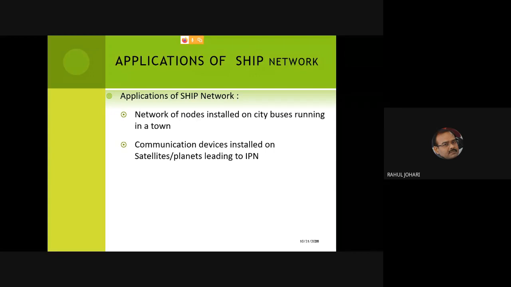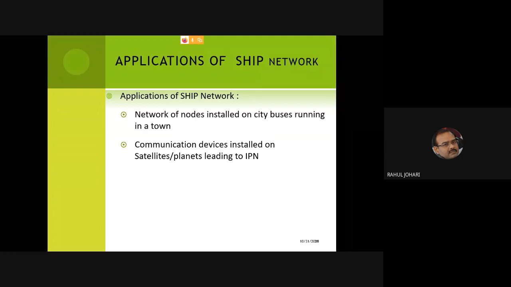Or we can have communication devices installed on the planets, leading to the concept of IPN, the Interplanetary Project. This was a keyhole project introduced by Kevin Fall when he was working in close coordination with NASA. How do we carry out the exchange of messages between so many satellites in the solar system? Man-made satellites, some in the galaxy, some of them made by nature also. So many planets are there. How do I carry out the communication of messages between these planets?